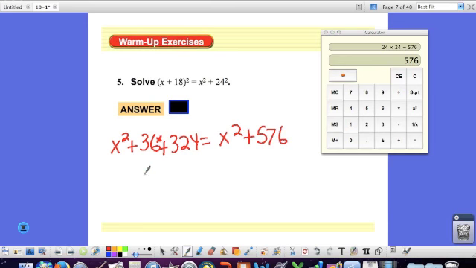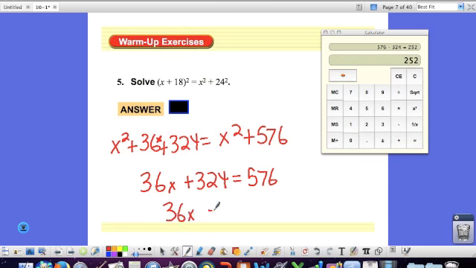If I subtract x squared from both sides, I get 36x plus 324 equals 576. 576 minus 324 is 252, and 252 divided by 36 is 7.